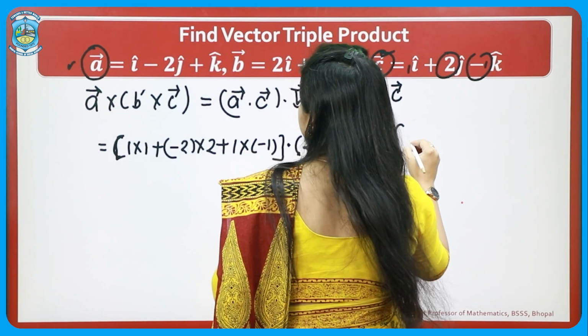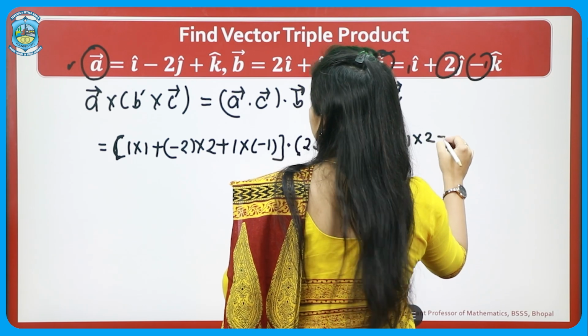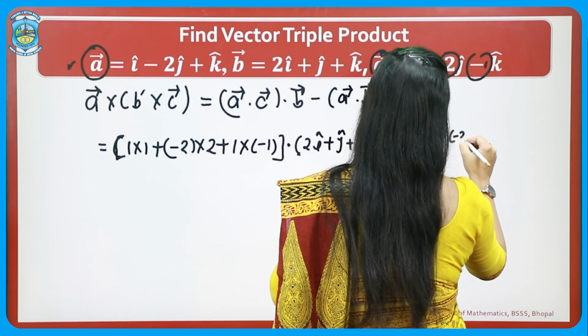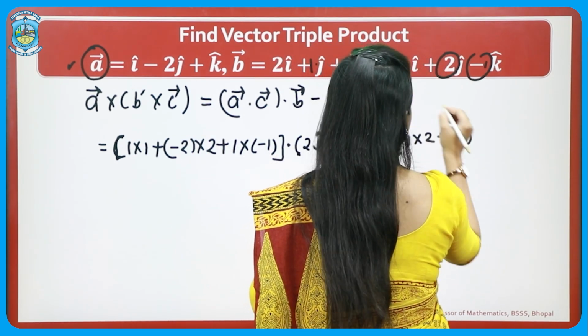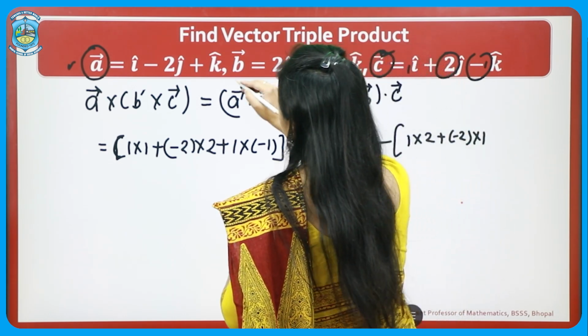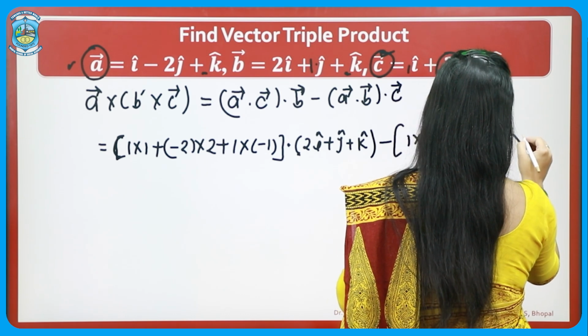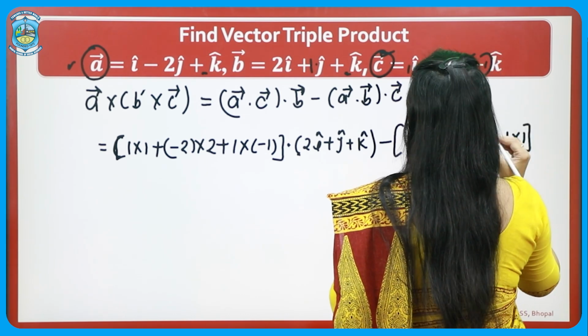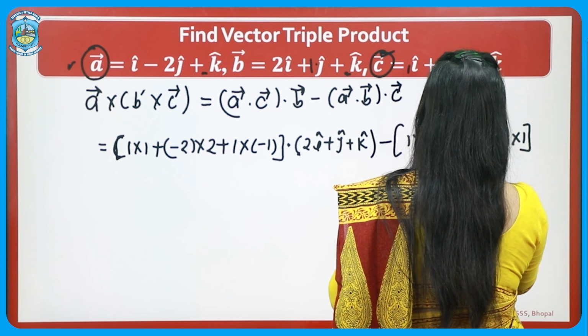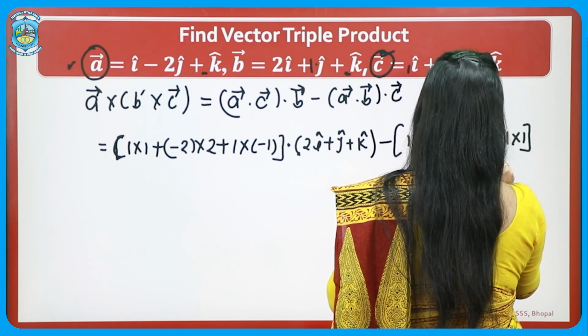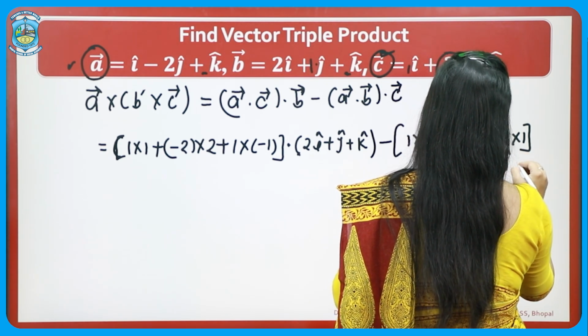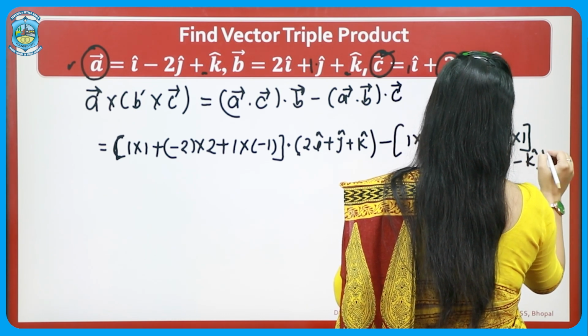A1 is 1, B1 is 2, plus A2 is minus 2, B2 is 1, A3 is 1 and B3 is also 1. And vector C we will write as it is, so, multiplied with i cap plus 2j cap minus k cap.